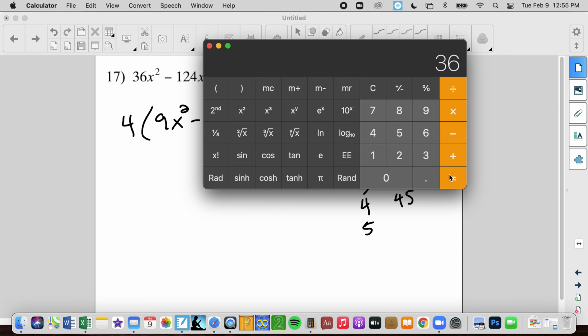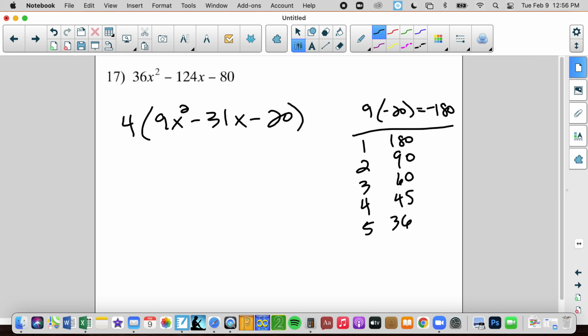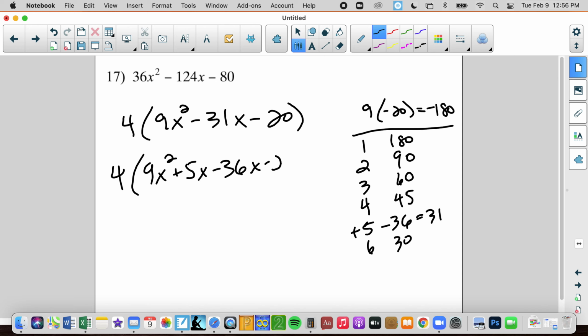Takes 2 seconds to use a calculator. 36. 6 and 30. Subtracting, which one? Oh, this one. There's my 31. Signs are bigger, positive is smaller. So I'm doing 4 times the quantity 9x squared plus 5x minus 36x minus 20.